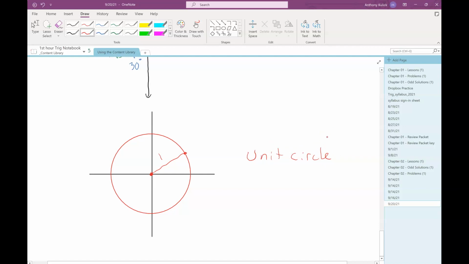And what we're going to do is define the points on the unit circle, the x and y coordinates, that correspond to these angles that we can find the exact values for using our 30, 60, 90, and 45, 45, 90 triangles.